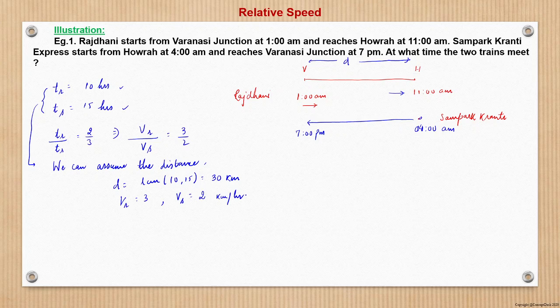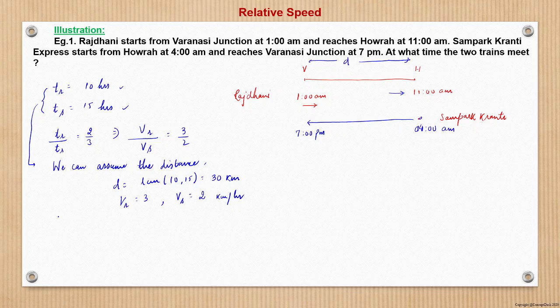Now see the question, what happens? Rajdhani starts at 1 am, whereas Sampark Kranti starts at 4 am. So for them to meet, we'll first try to see where Rajdhani is at 4 am.